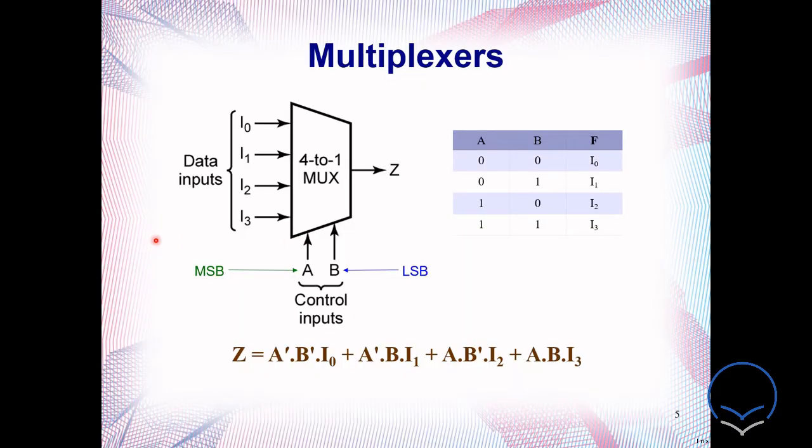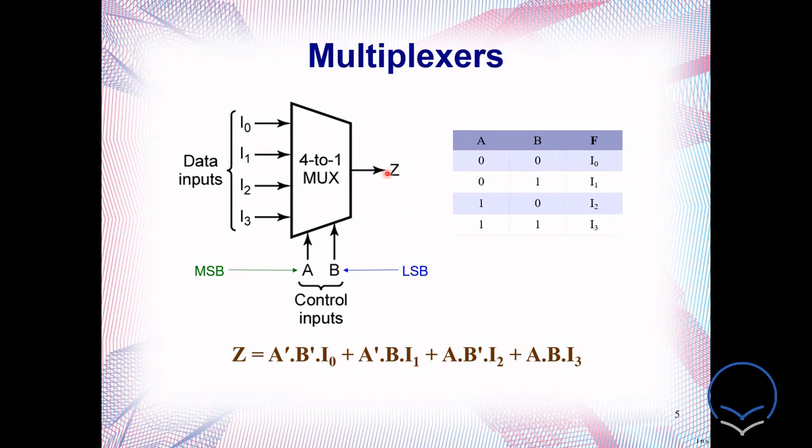Now look here. We have two control inputs, A and B, and with two control inputs the data inputs are 2 to the power 2, which is 4, that means I0, I1, I2, I3. This is a 4 to 1 mux, that means we have 4 inputs and 1 output.